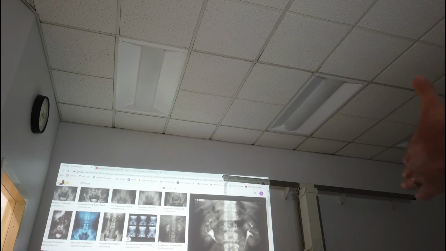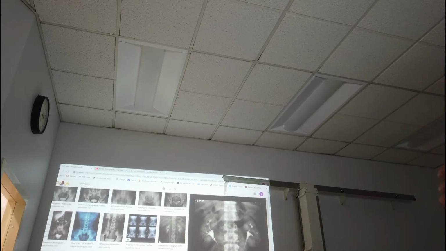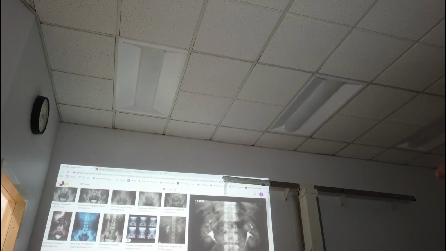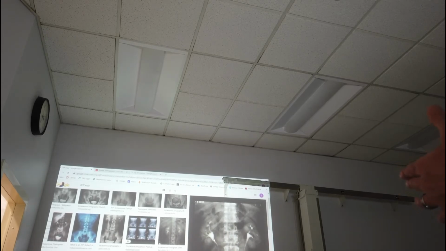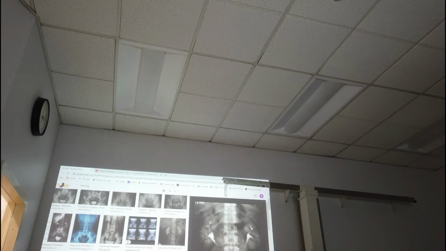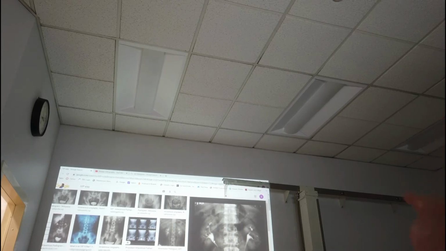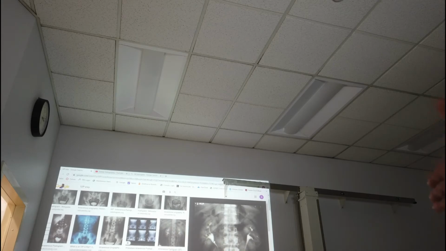And what happens with the LPO is you can see the right kidney in profile, so now it's parallel to the IR. But as the ureter comes down, it goes right over the spine, so we can't actually see the ureter of the right kidney. But the left kidney actually gets thrown away from the spine, so we can see that a lot better. So when you do the obliques, an LPO will show the right kidney, but the left ureter.